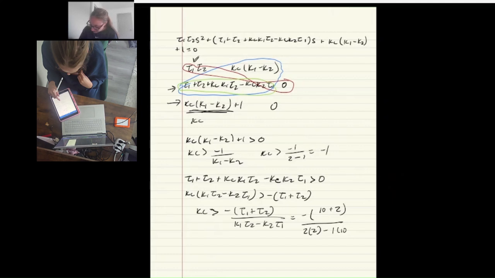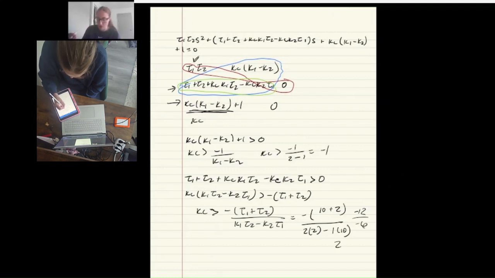So this gives us -12 on top, and then we have 4 minus 10, which is 6. So we get -6, so that turns into a positive, and we'll have positive 2. So this shows us that our parameters for Kc are -1 to Kc to 2. So that is our answer.